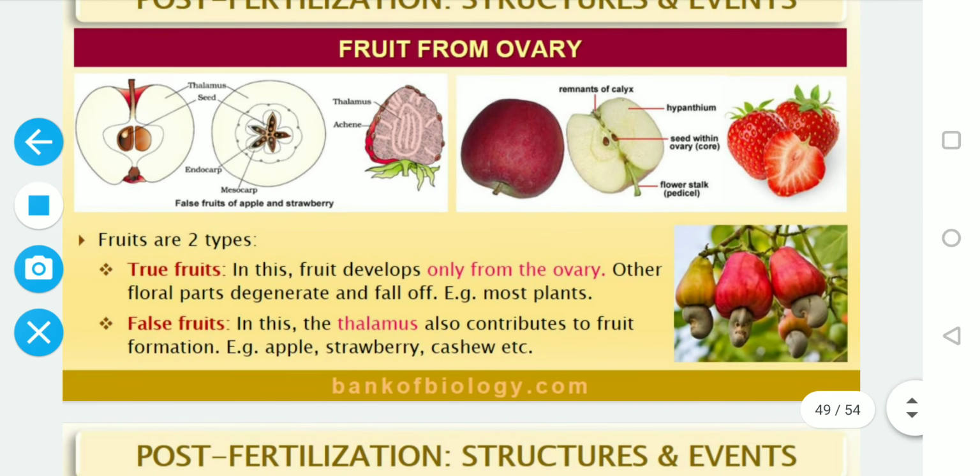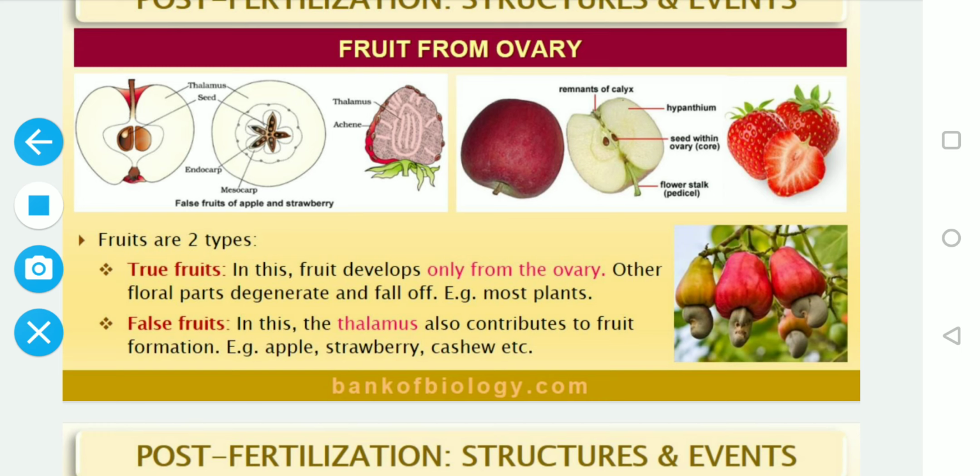And here are some examples of fruits from the ovary generally. So again, the classification of fruits is based on whether the development is from the ovary or not. The fruits are majorly classified into two types, that is true fruits and false fruits. What is the meaning of true fruits?